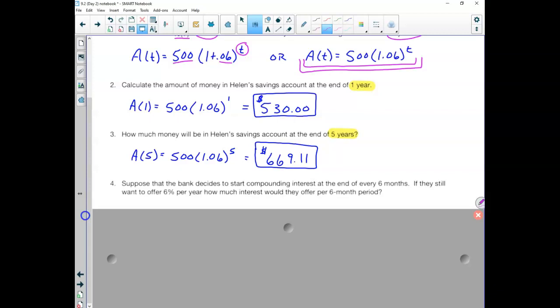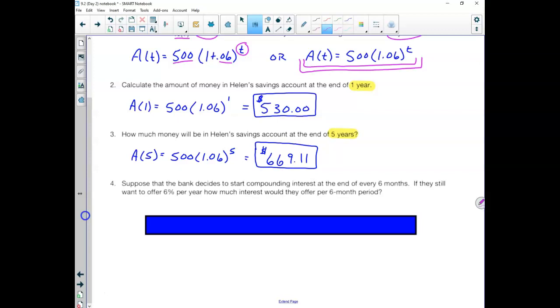Okay, suppose the bank decides to start compounding the interest at the end of every 6 months. If they still want to offer 6% per year, how much interest would they offer per 6-month period?